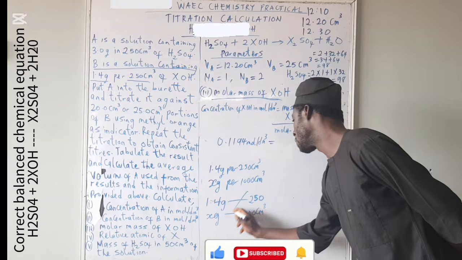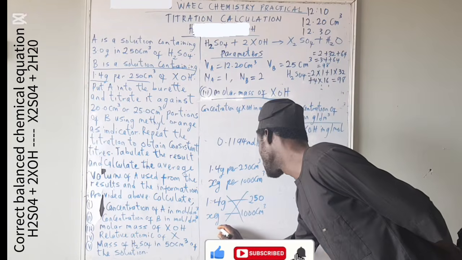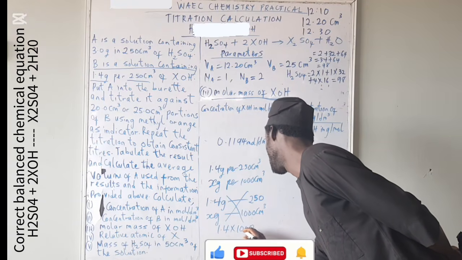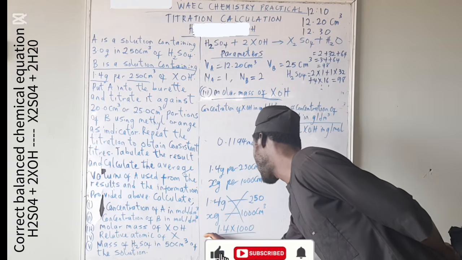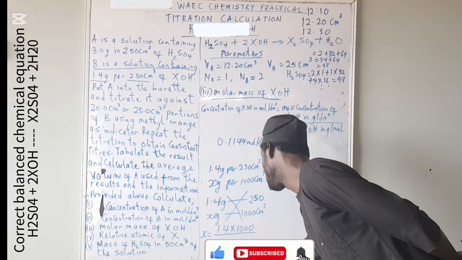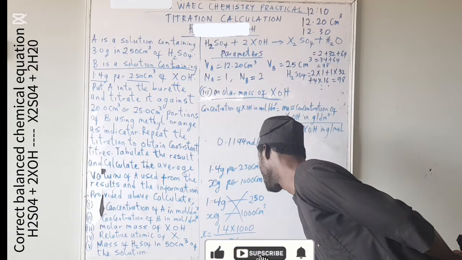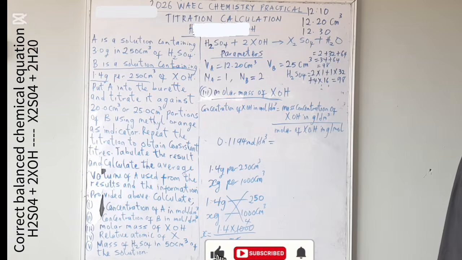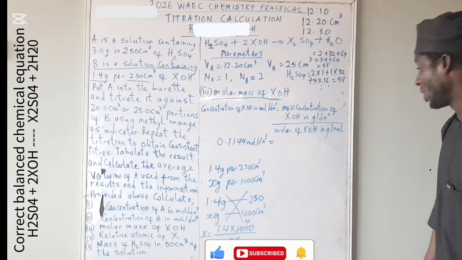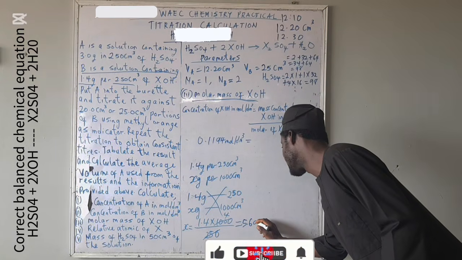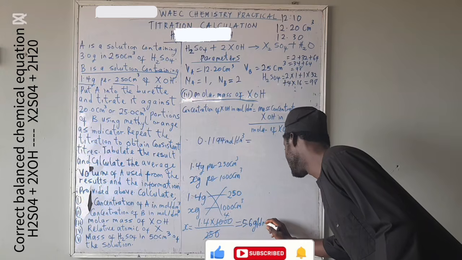Now what do we do? We cross multiply. So we are going to have 1.4 times 1000 divided by 250. So how many 250 are here in 1000? That is 4. So if you multiply 1.4 times 4, we are going to get 5.6 gram per dm cube.